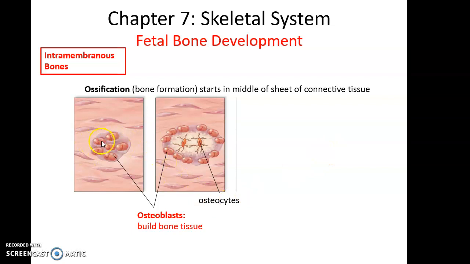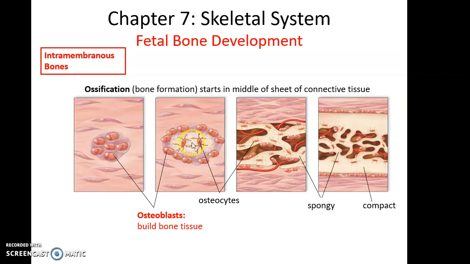First, osteoblasts would be produced, and then the osteoblasts would begin to form the bone's extracellular matrix and spread out, and that extra material would then become calcified, become bone tissue. And of course, there will be some osteoblasts trapped within the bone tissue that then become osteocytes.